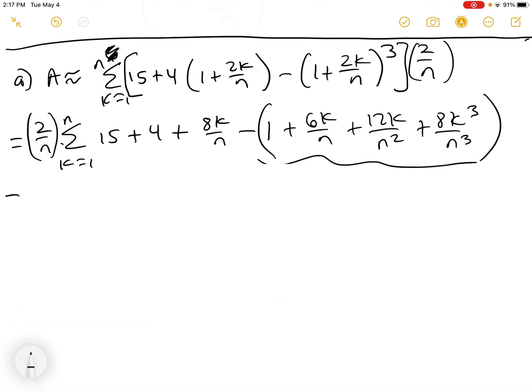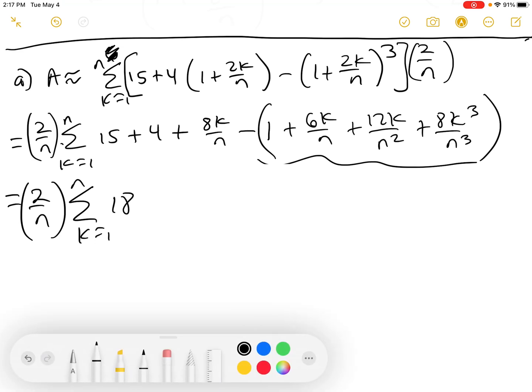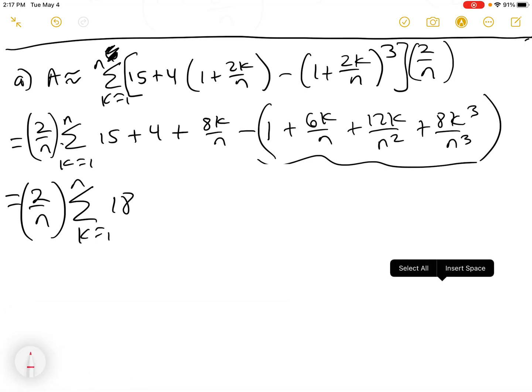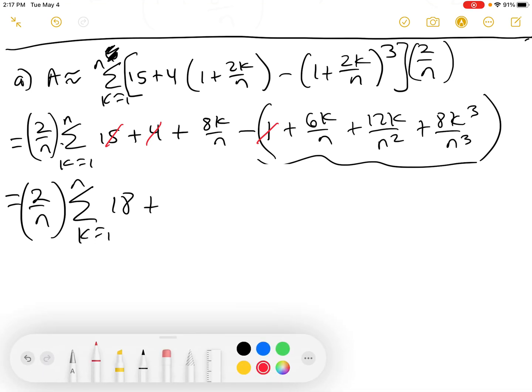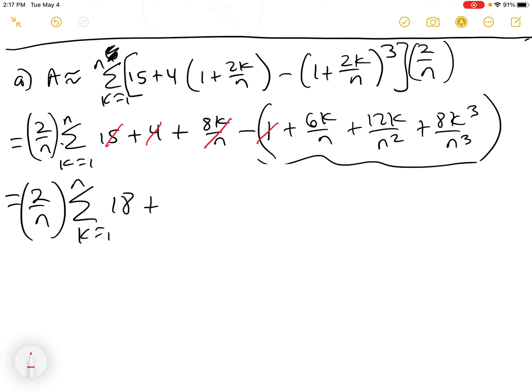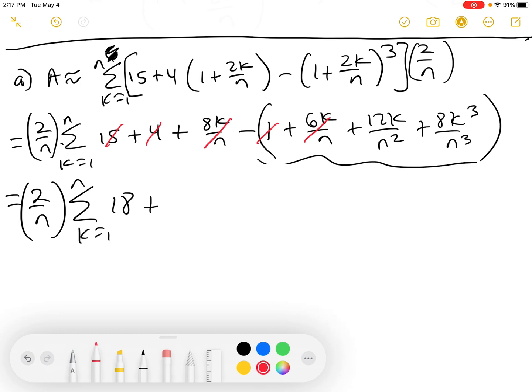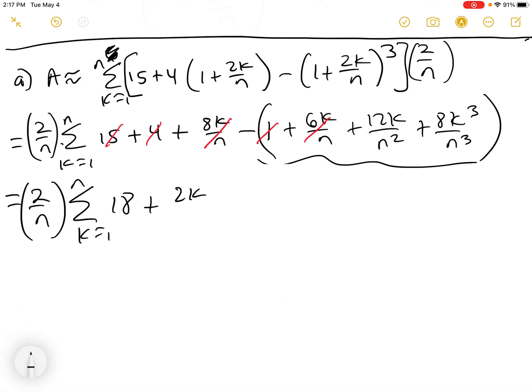All right, so let's do this. This is 2 over n, the sum from k equals 1 to n. So 15 plus 4 is 19, minus 1 is 18. I lose track of this pretty easily. Plus 8k over n minus 6k over n is 2k over n.